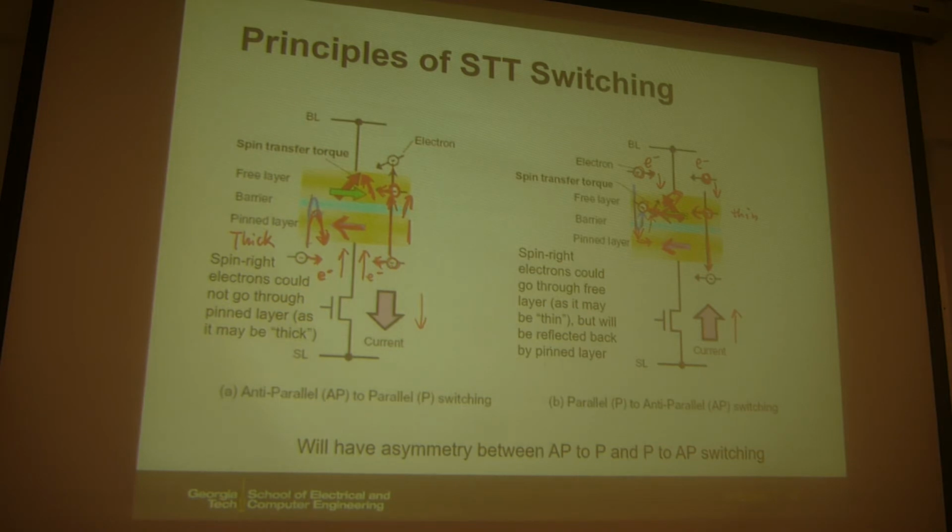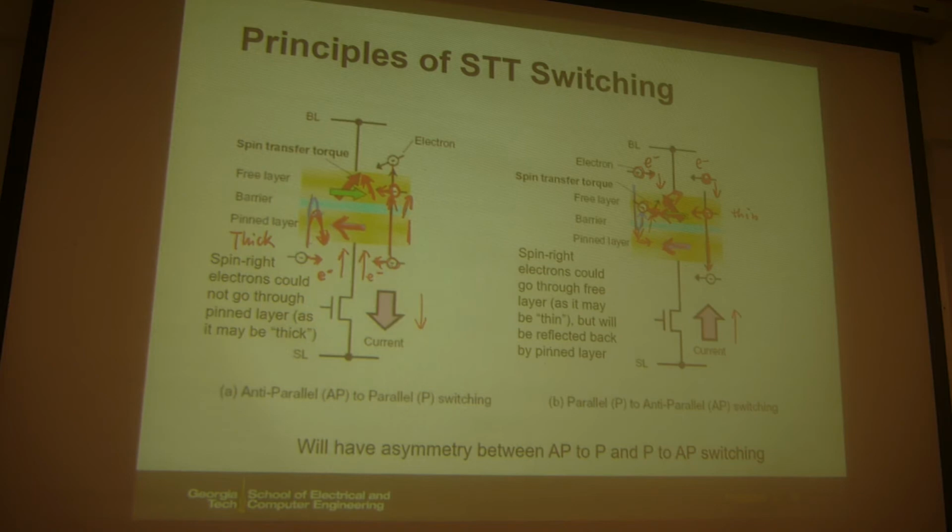So as you can see, there will be an asymmetry between those two cases. They're not exactly the same. That means the anti-parallel to parallel or parallel to anti-parallel switching actually will have some asymmetry in terms of the write current or the write speed.